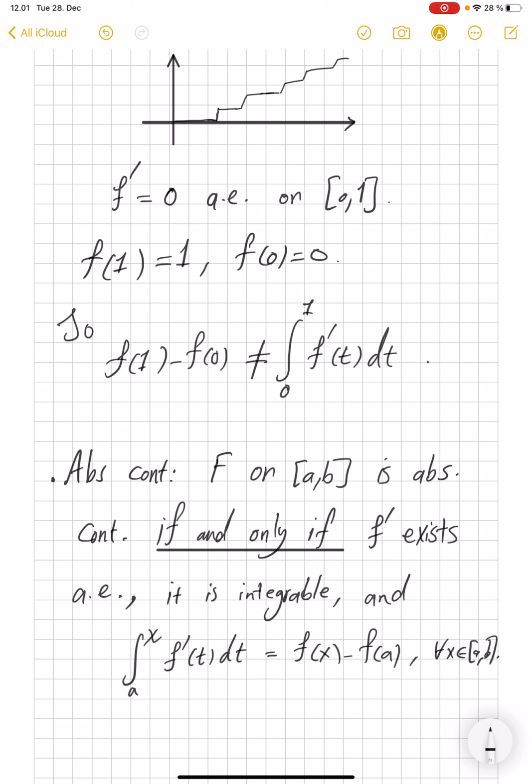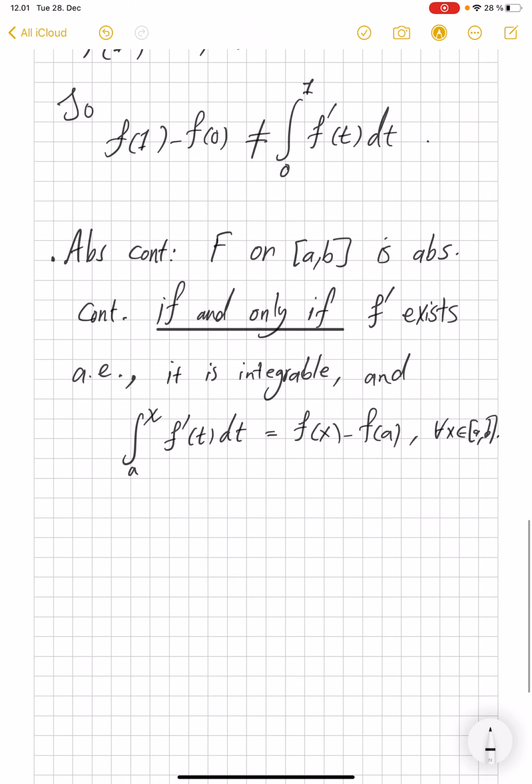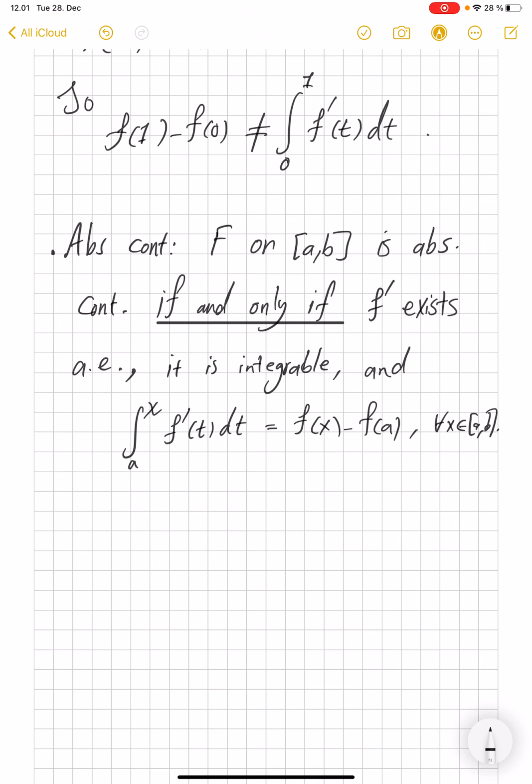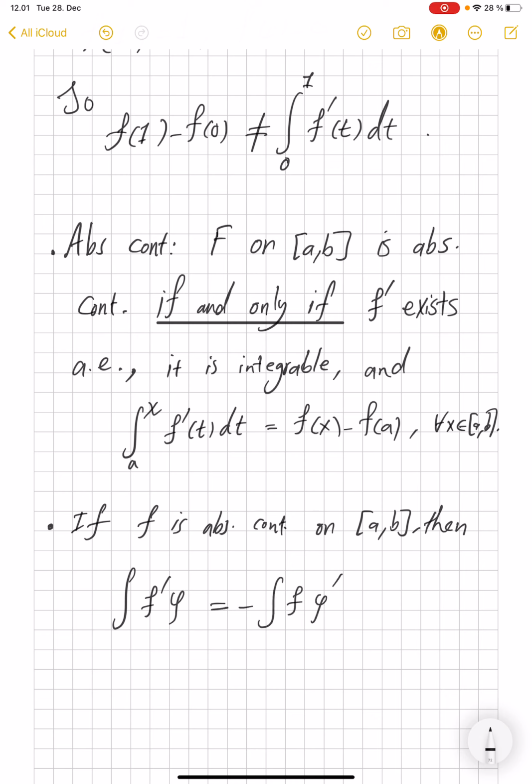So in particular, all of these hold for Lipschitz functions because they are absolutely continuous. And the second nice property is that if f is absolutely continuous on, say, [a, b], then the integral of f prime times phi, we know that f prime exists, equals negative the integral of f times phi prime for every phi.